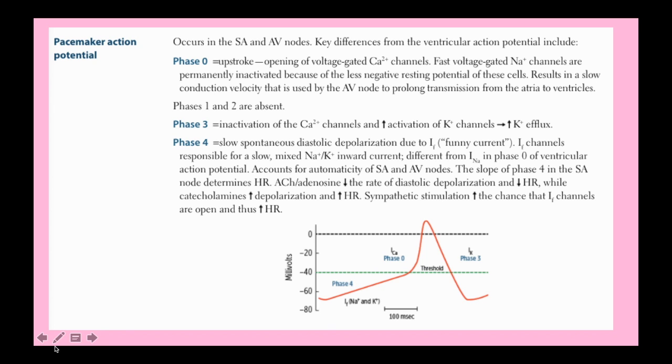And quickly with first aid before I go through it a little more in depth. Again, our pacemaker action potential, we primarily care about our SA and AV nodes. And here we are going through phase 0, 3, and 4. Remember, phase 1 and 2 are absent. And yeah, so let's get to it.